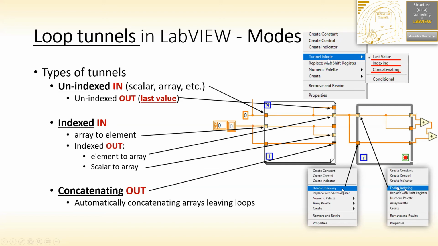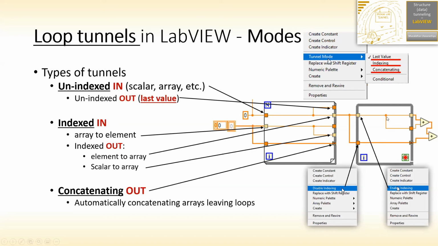When you supply this array to these loops, you can assign this as indexing or not indexing. When you index it, the array will stop here, and one by one the elements will pass inside the iteration.